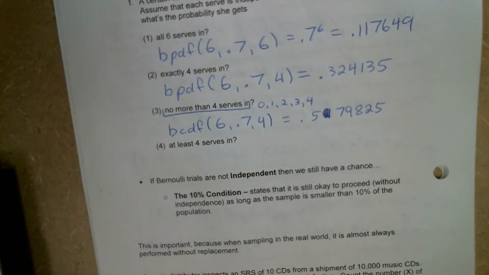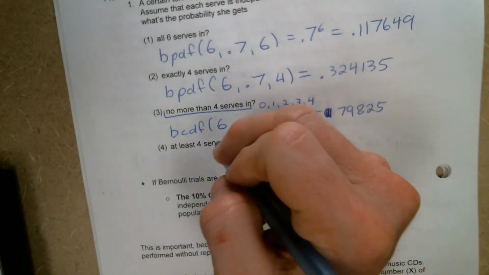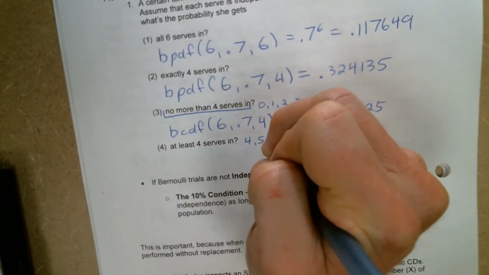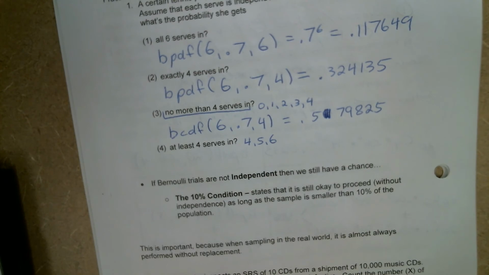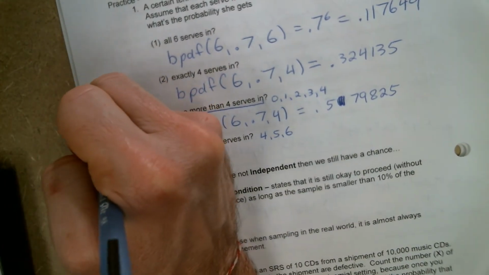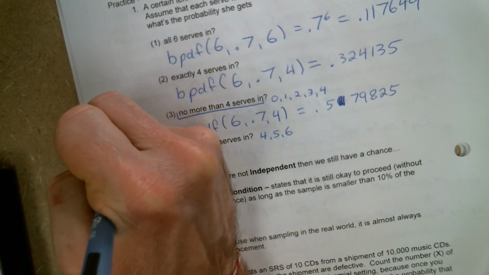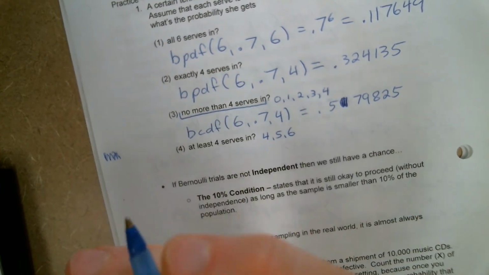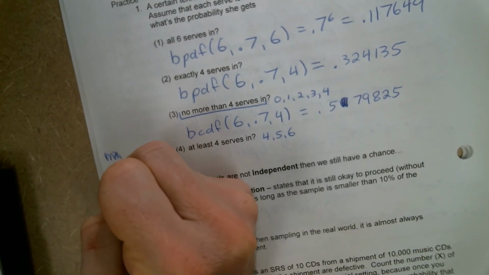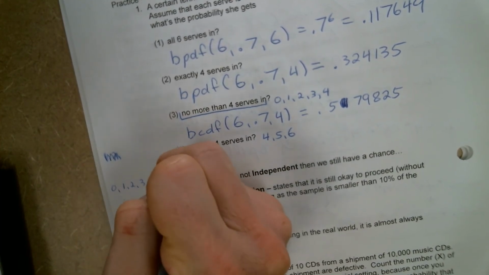Last but not least, at least 4 serves in. So at least 4 serves in is saying 4, 5, or 6. Now, Binomial CDF doesn't go up. It only goes down. So this is the part that kids usually goof up. But let's pretend that these are all your possibilities: 0, 1, 2, 3, 4, 5, and 6.